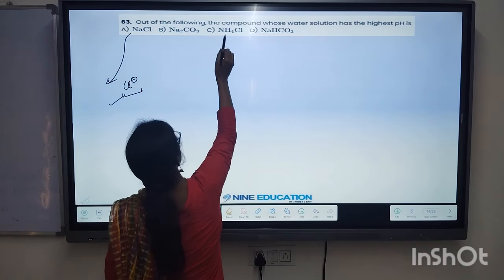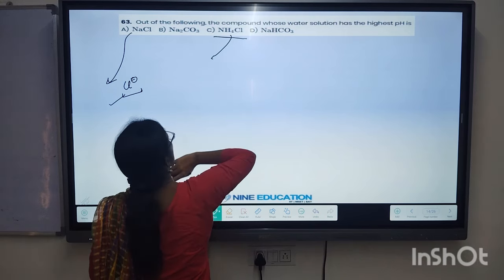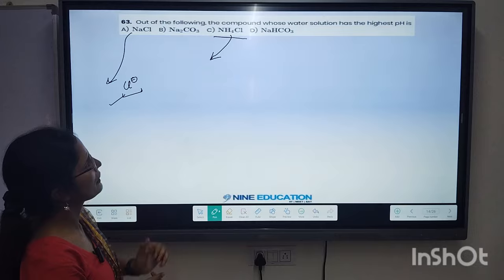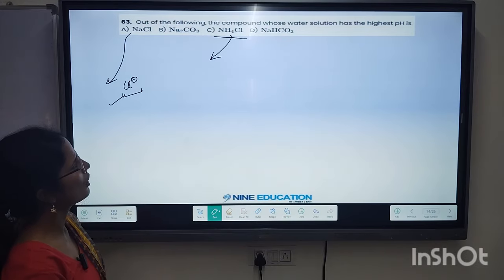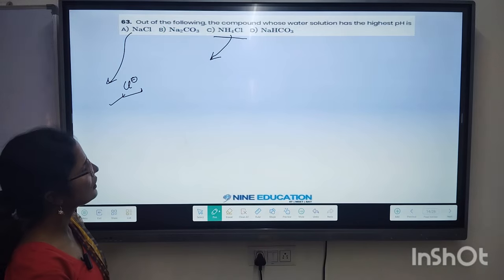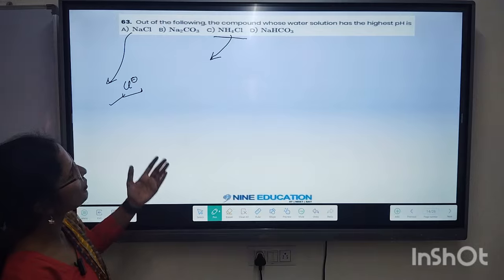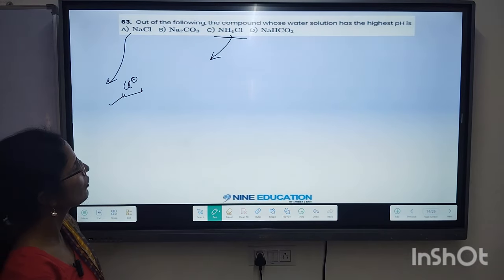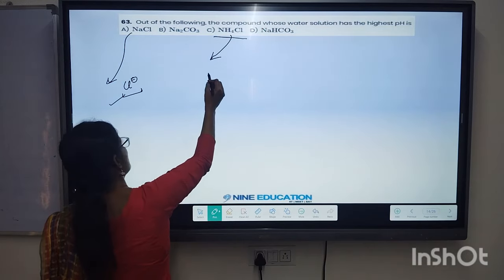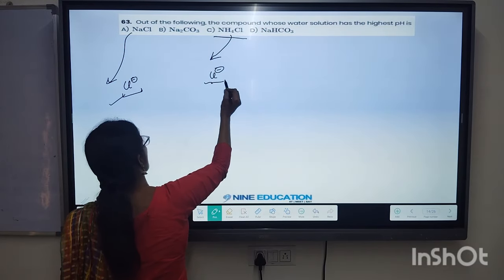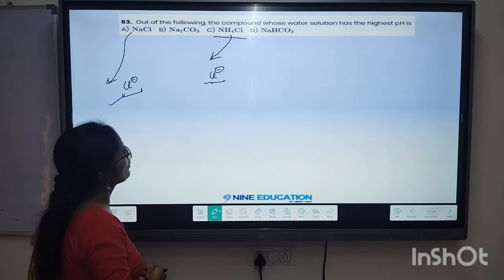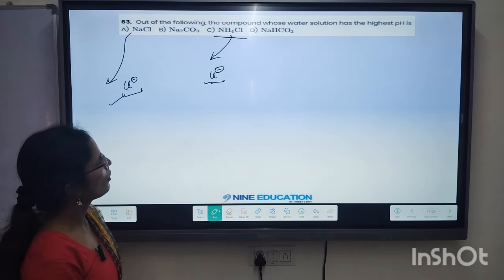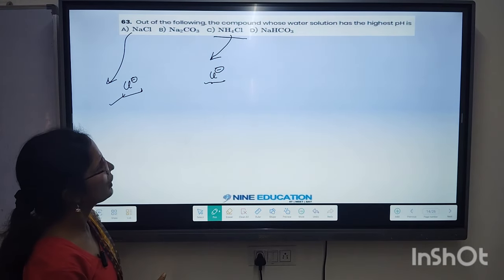Next, if you look at option C we are having NH4Cl, which is a salt of strong acid and weak base, NH4OH and HCl salt it is. So ultimately it will be what? It will be acidic in nature, and it won't be the correct option. Also again Cl negative will be there, which is a conjugate anion of HCl. So it will not be a strong base, so the solution won't be basic here.